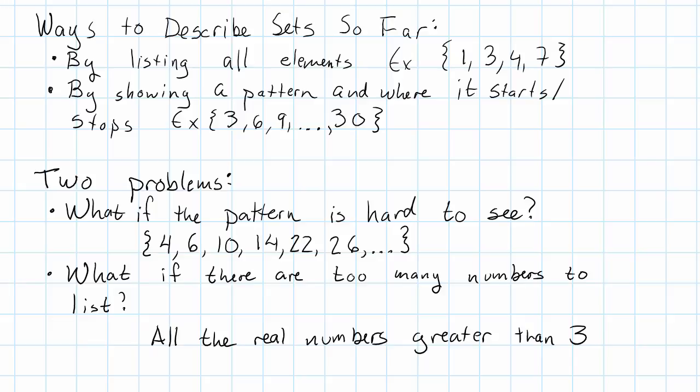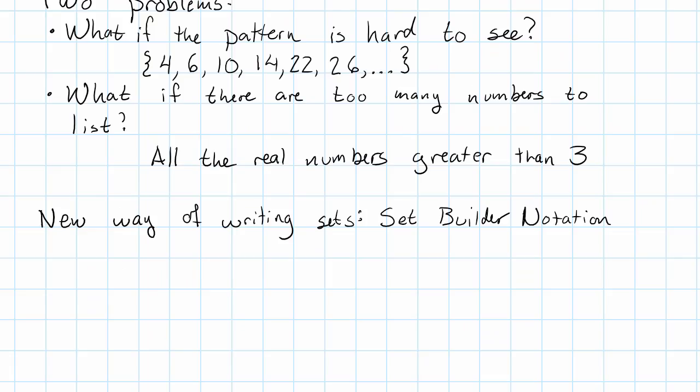In order to capture these two things, we introduce a new way of writing sets called set builder notation. The set builder notation looks like this. We start with a curly brace and we end with a curly brace.